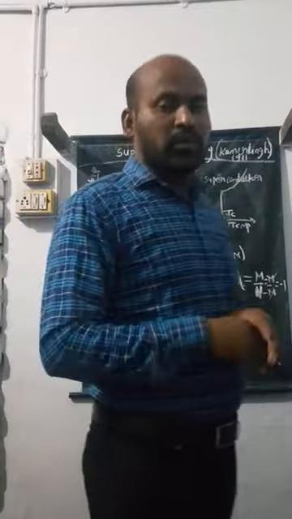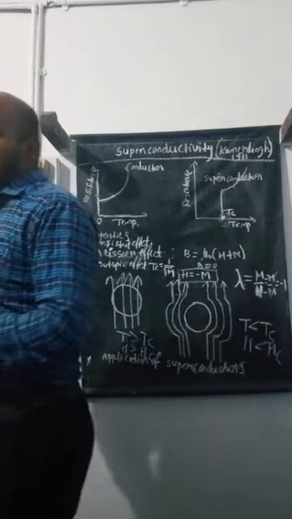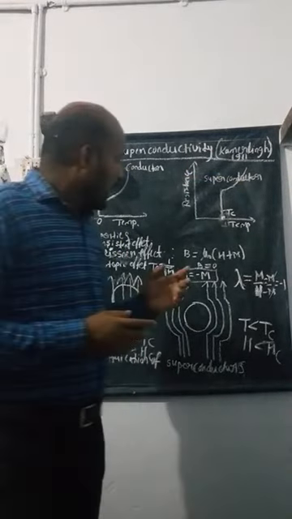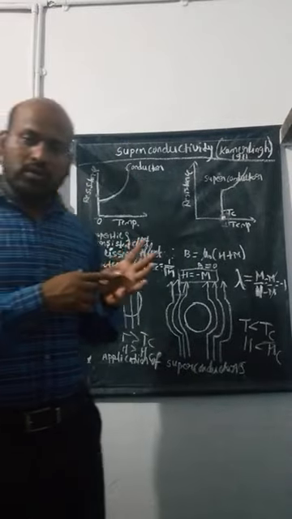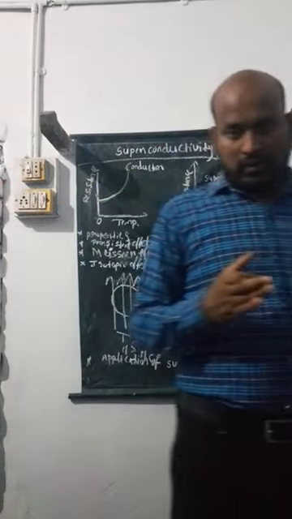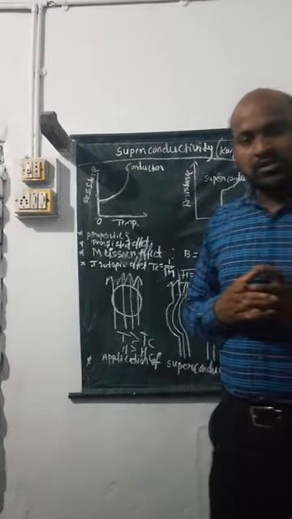Who discovered superconductivity? Kamerlingh Onnes discovered superconductivity in 1911. Now you have to study the properties of superconductivity. As I already told, at very low temperature the material shows 0 resistance.